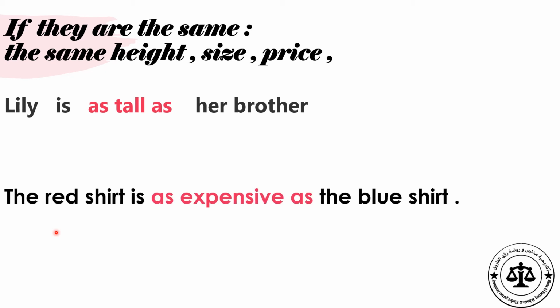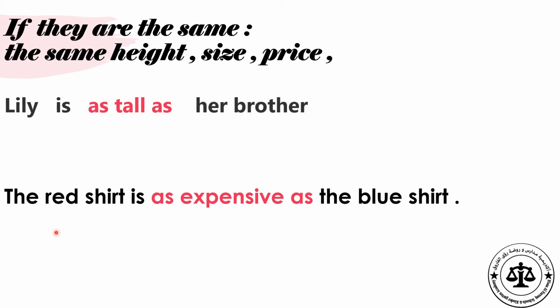The second one, the red shirt is as expensive as the blue shirt. These two shirts have the same price. The same price, so we use as. There is nothing more expensive than the other. No, this is the same price. So we use as.